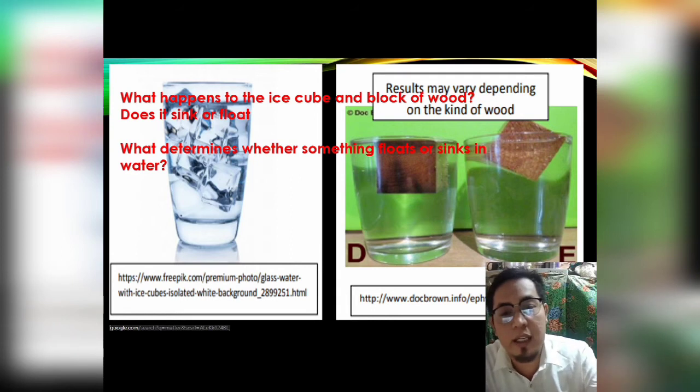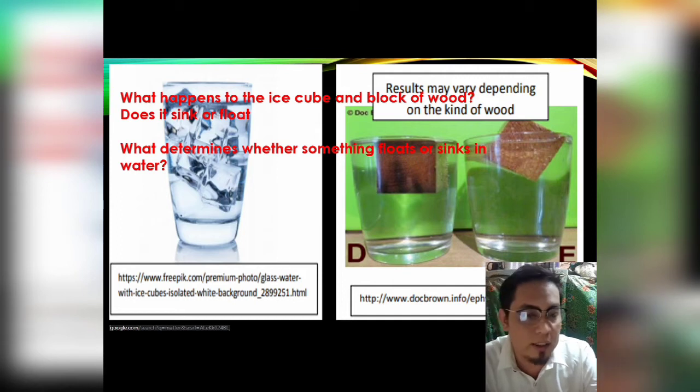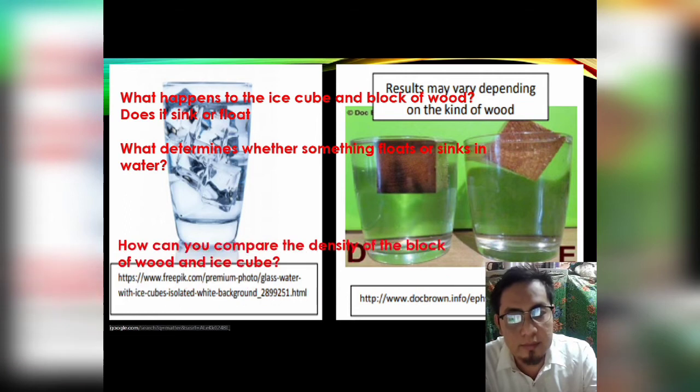So the answer here, whether an object will float or sink, is the density of the two materials. For example, on this activity, the density of water compared to the density of wood. The density of water compared to the density of ice.